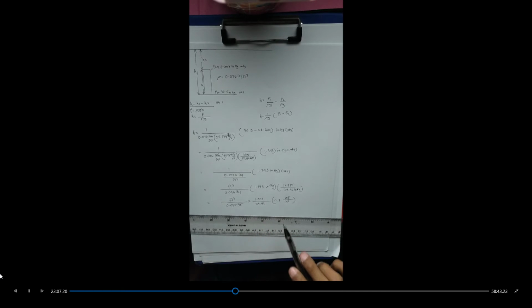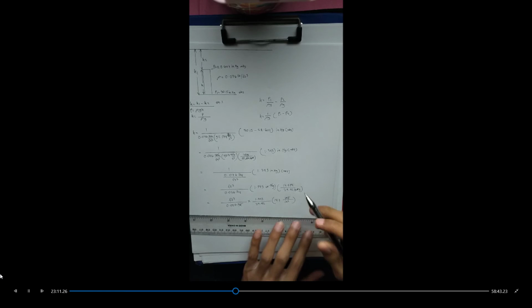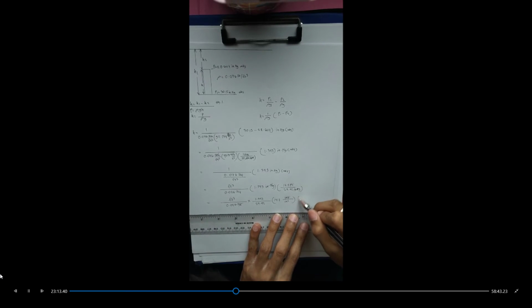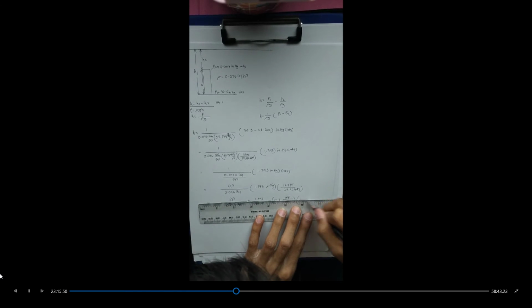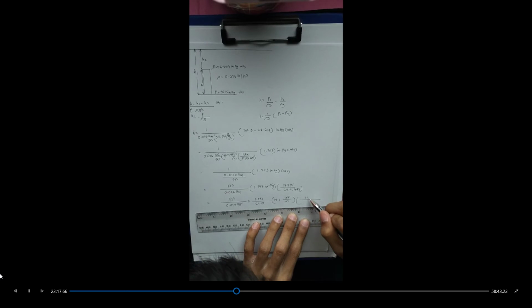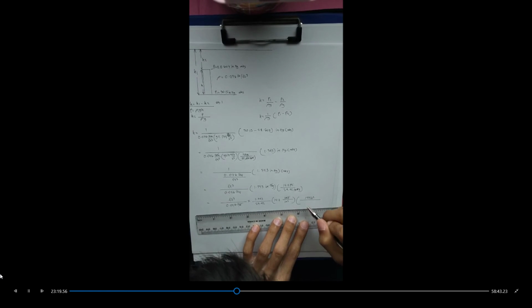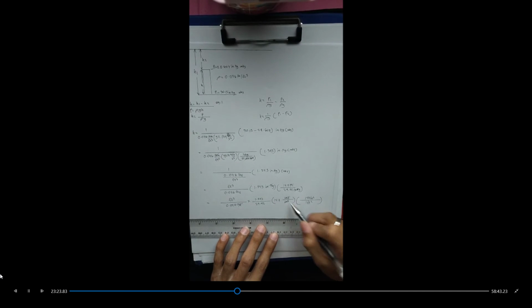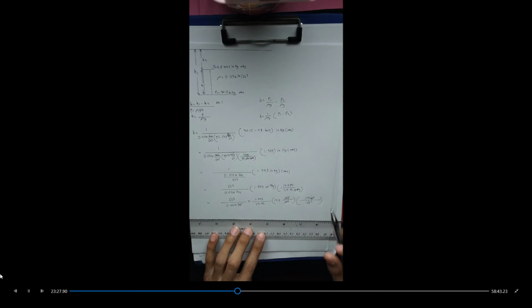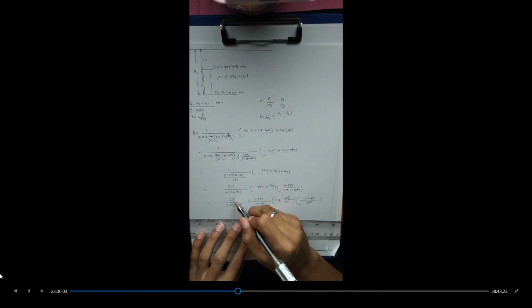Since they are not uniform yet, we need to convert either one of them. So I'll be converting inches squared into feet squared. 144 inches squared is 1 foot squared. Canceling inches squared and feet squared, cubic feet divided by feet squared, the remaining unit would now be in feet.